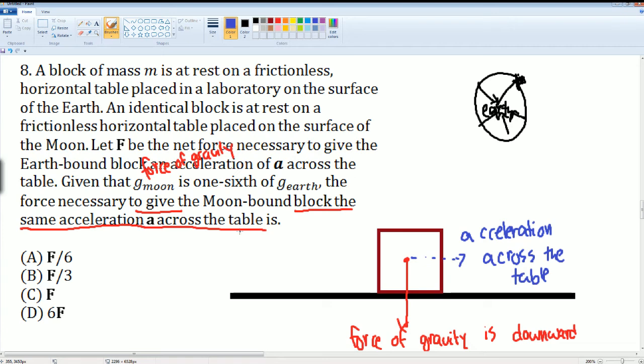People think it's 6, or they think it's 1/6. No, it's not this. It's F. The reason is that the force of gravity does not affect the horizontal. Across the table, this is horizontal, and the force of gravity does not impact it.